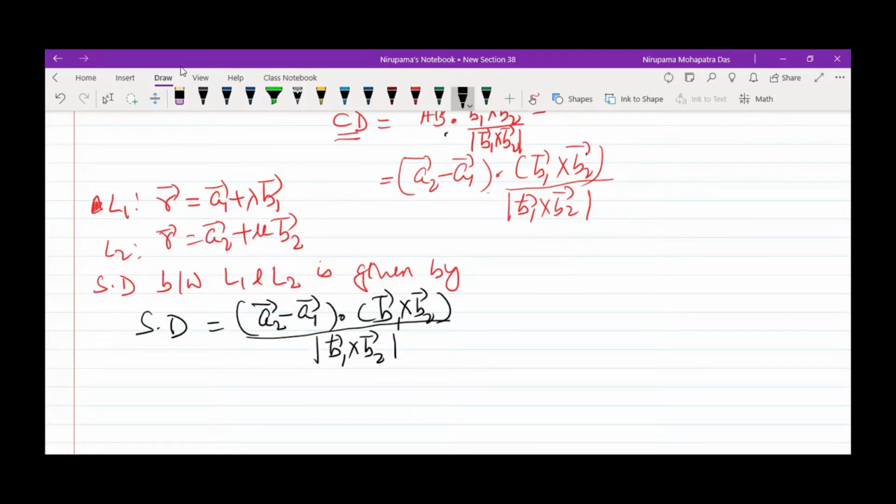Magnitude of the whole thing, because distance cannot be negative.